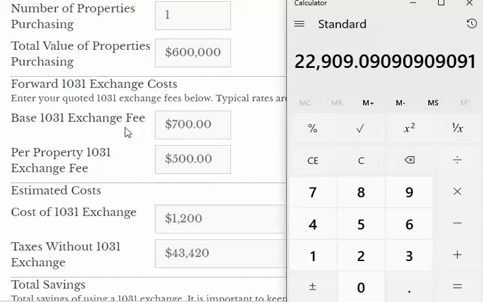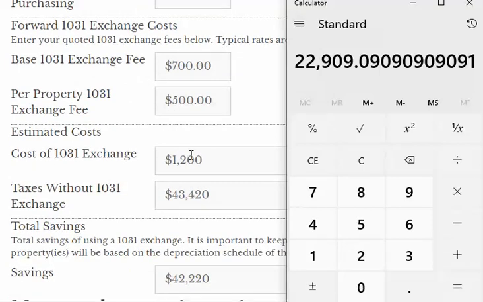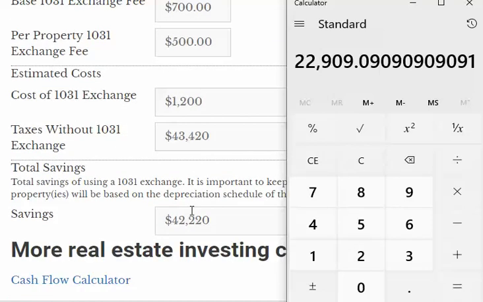In that case, you can do this, but it might add $4,000 to $5,000 in costs for the 1031 exchange company to hold the property that you're exchanging in a reverse exchange. So if you're doing a reverse exchange, research the cost, talk to companies to see how much that will cost you, because it can be very, very expensive. Then all of a sudden you're adding $4,000 to $5,000 to this number, which reduces your savings quite a bit.